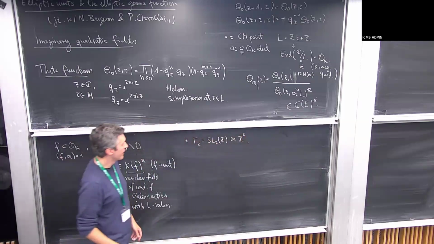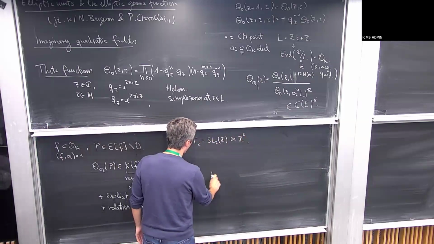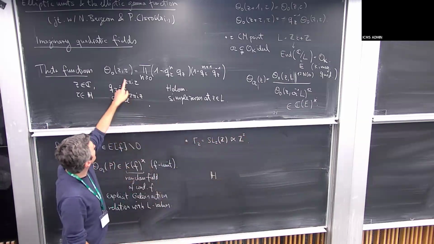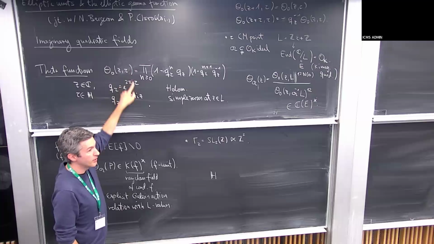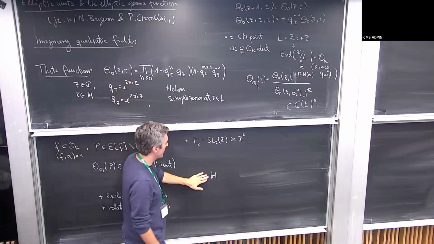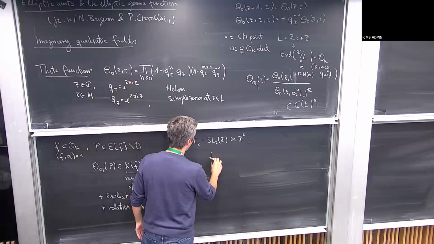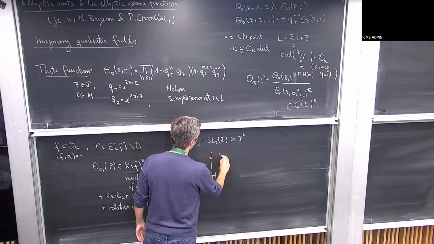And now I can do the following. I want to think of functions depending on two variables, z and tau. Tau is a variable in the upper half plane. And on the upper half plane, I have a certain line bundle called the Hodge bundle.